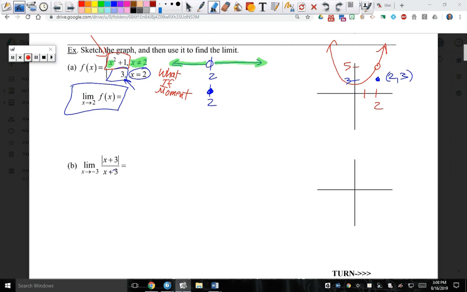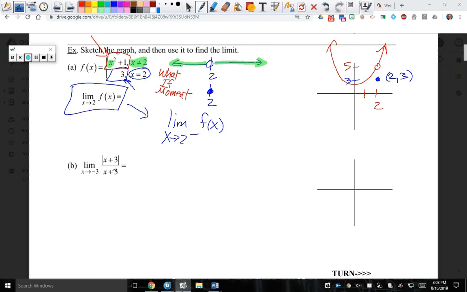Are we good? Alright, so real quick, what I want to do is I want to introduce and show you, remember the both sided that I was talking to you about? I even shaded it. If I approach from the left, look what you're going to do. I'm going to approach 2 from the left. Notice the notation. What do you think the most common mistake people read this as?